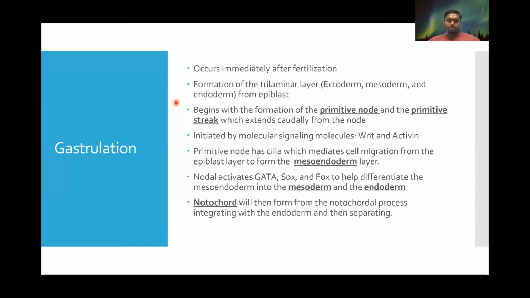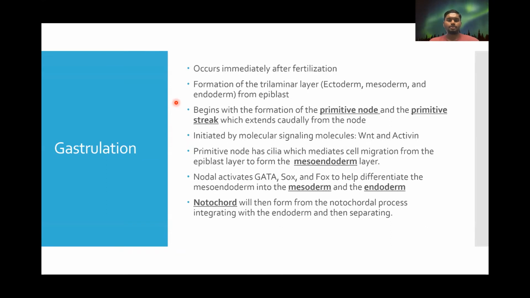Well, the first step in this process is the formation of a primitive node. So basically, a primitive node is just a little divot that forms in the center of the epiblast plate, and then a primitive streak forms, which just extends that little divot caudally into a long line from the node. And this whole process is initiated by the molecular signaling factors called WNT and activin.